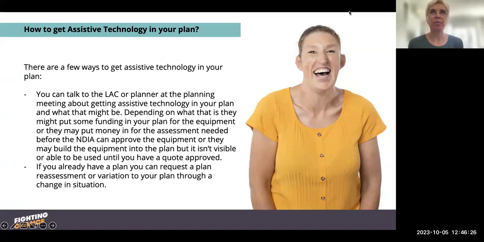So you might go to the planning meeting and say, I need a communication device, or I need support with my hearing, or I need support with my vision, but I'm not sure what pieces of equipment I need, or I need support with my mobility, but I'm not sure what piece of equipment. So they might say, okay, we're going to build in some money for you to see an OT or a continence nurse or a hearing specialist or a physio to identify what it is.